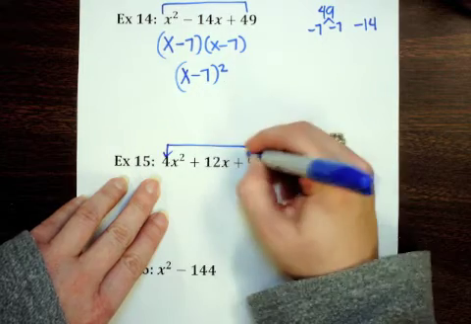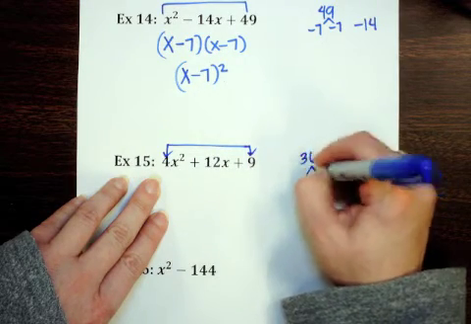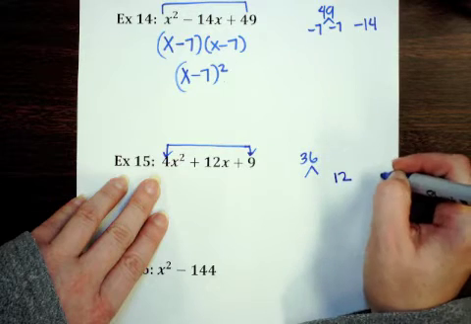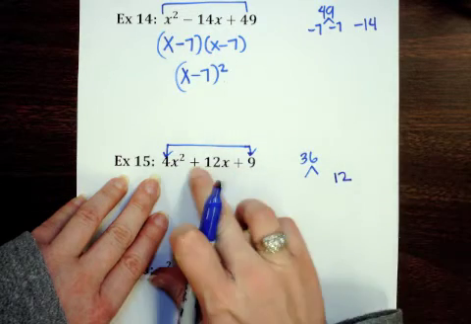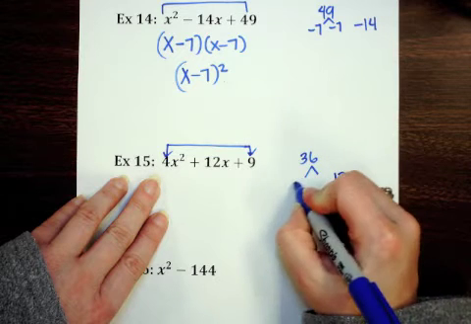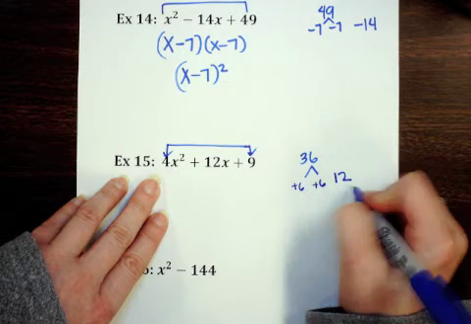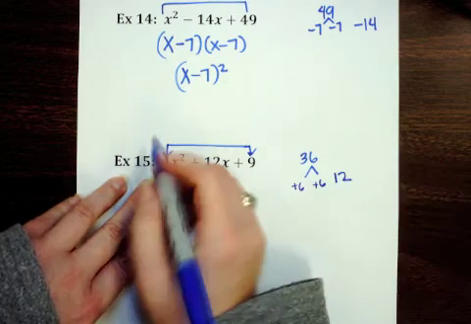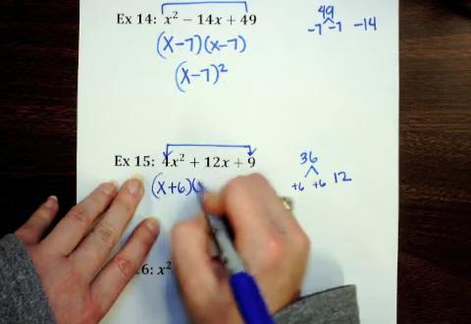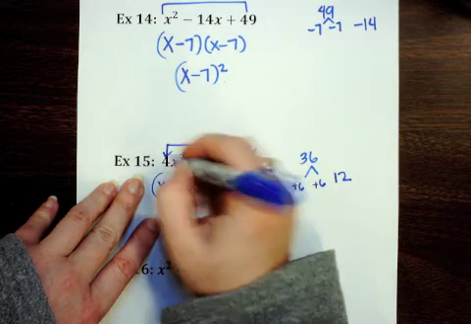Number 15, what multiplies to give me 36, but adds to give me 12? Signs are the same, they're both positive. So again, I come up with 6 and 6. That's going to be x plus 6, x plus 6.